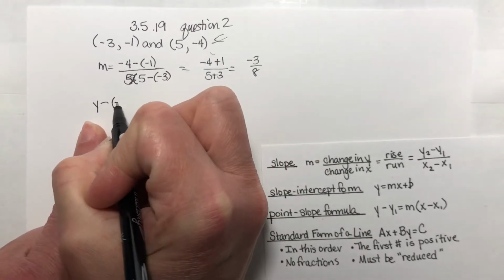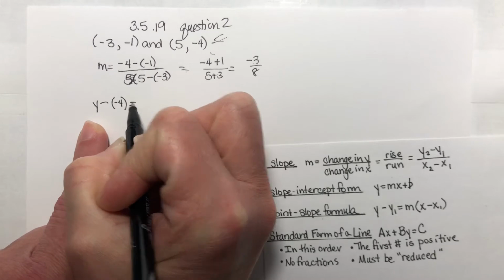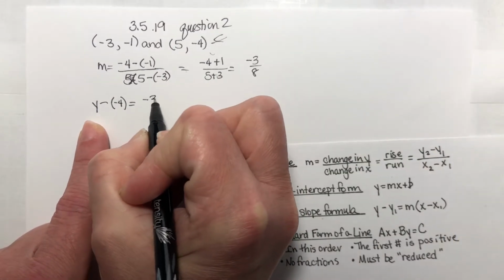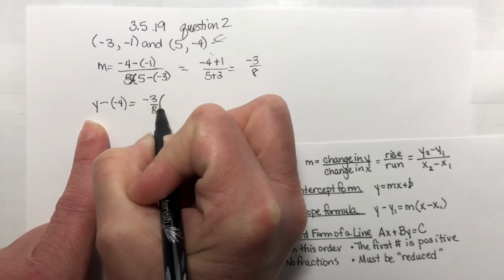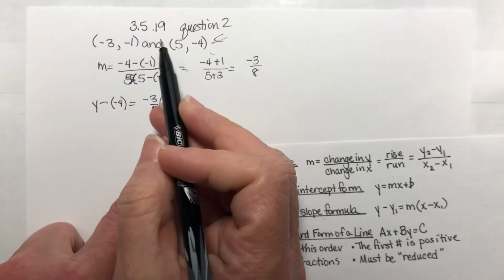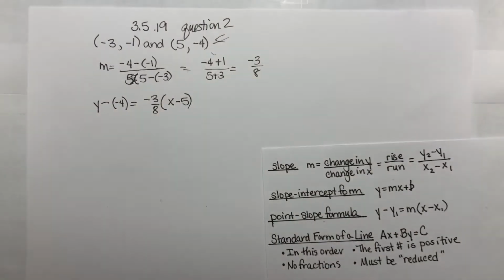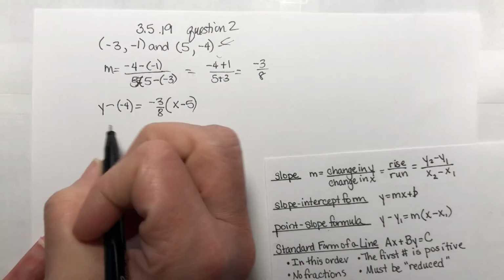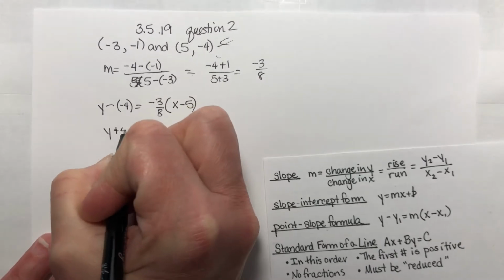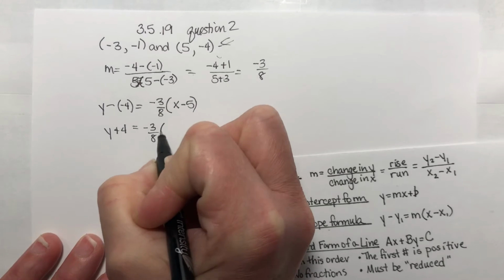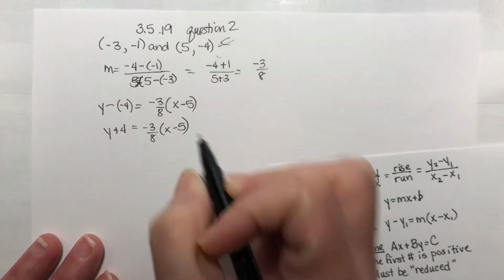So y minus -4 is equal to the slope, which is -3/8, times x minus x1, x minus 5. Now I'm going to simplify. This is the same as y plus 4.